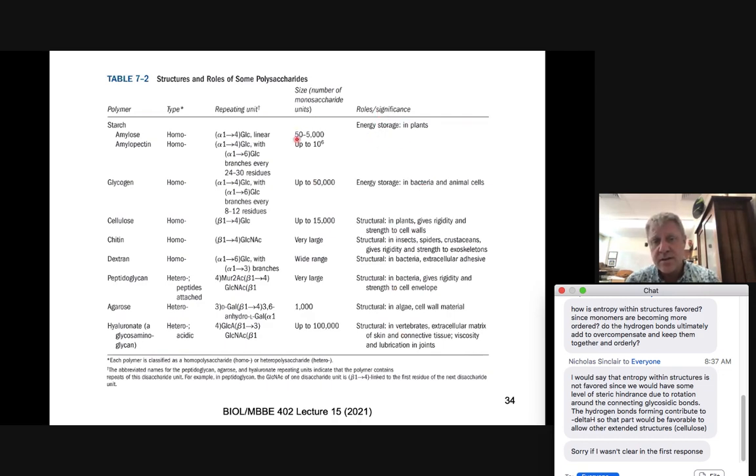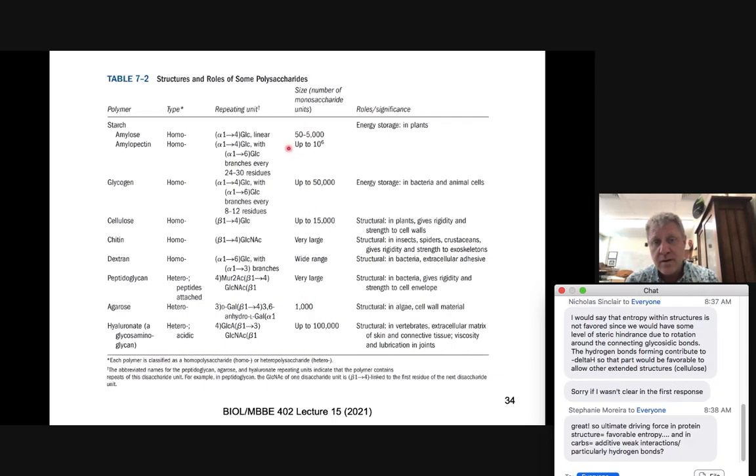The size, as I said, is not very well defined in many of these particular constituents. Agarose is usually very small, where you can have amylopectin be extremely large in regards to its molecular mass. So you need to just be aware of these and be able to identify some of the characteristics and roles that these carbohydrates play.